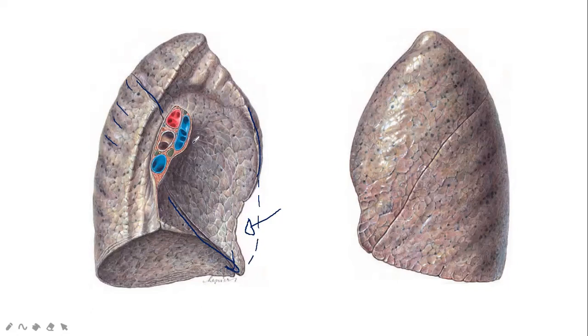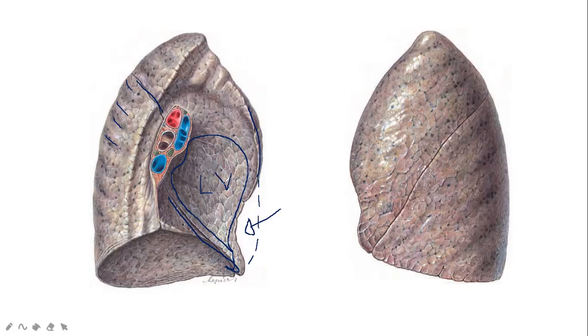Then we have this fossa here. This impression is also called a cardiac impression, or a cardiac fossa. The fossa here is produced mainly by the left ventricle, okay?